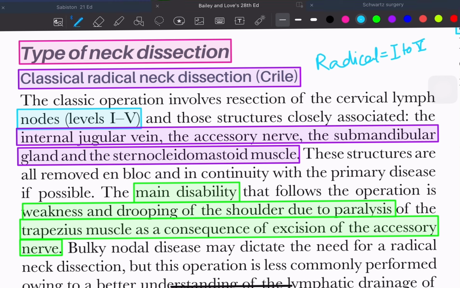That's it. The main disability of this classical radical neck dissection is weakness and dropping of the shoulder due to paralysis. Why paralysis? Because we have cut the spinal accessory nerve, which supplies the trapezius muscle. Okay, fine.